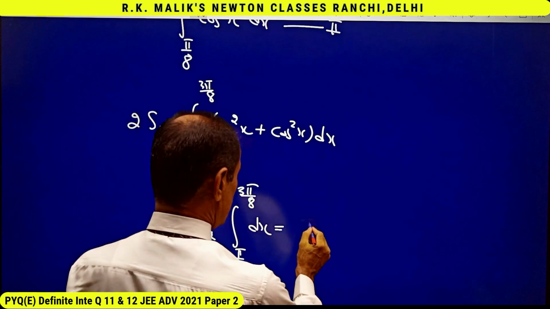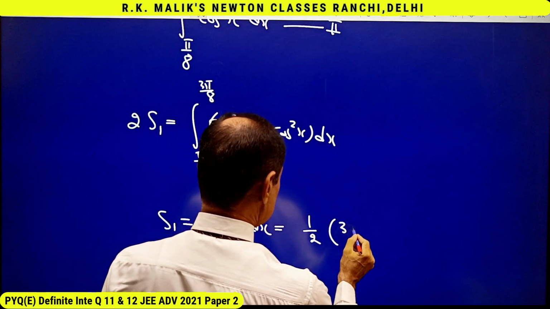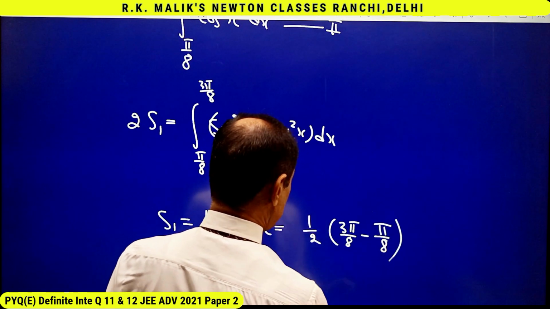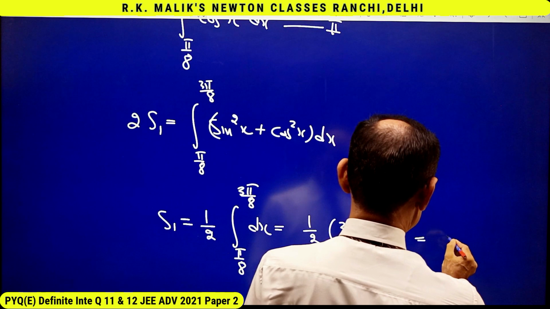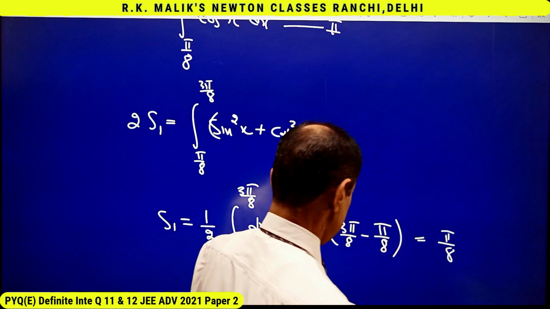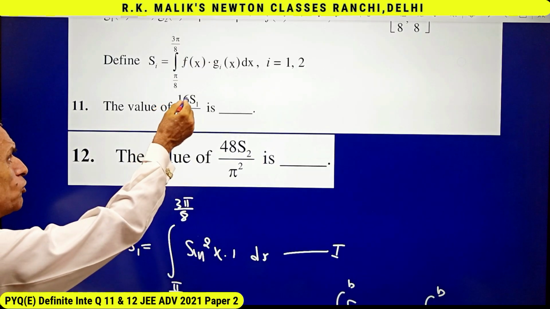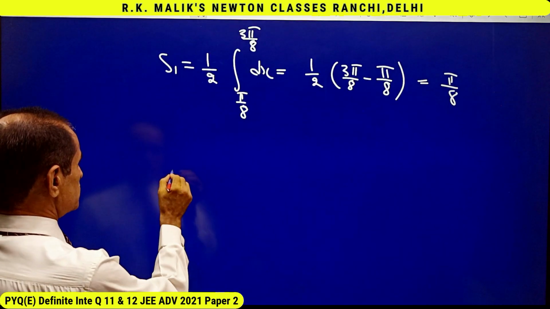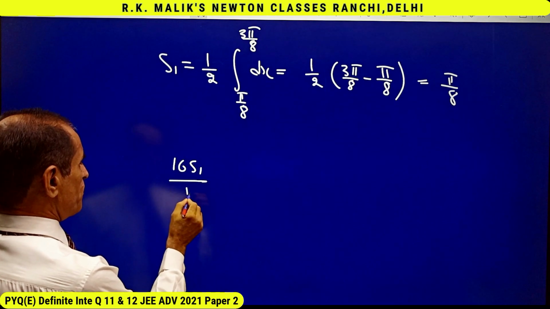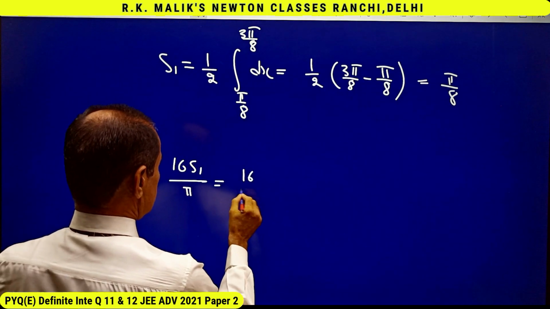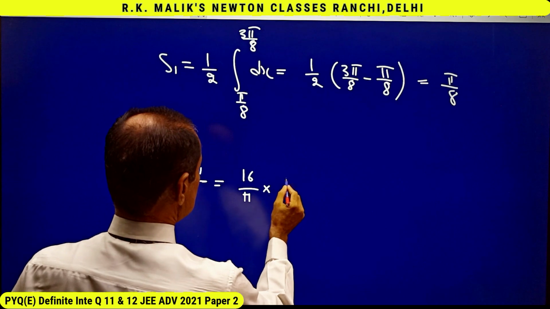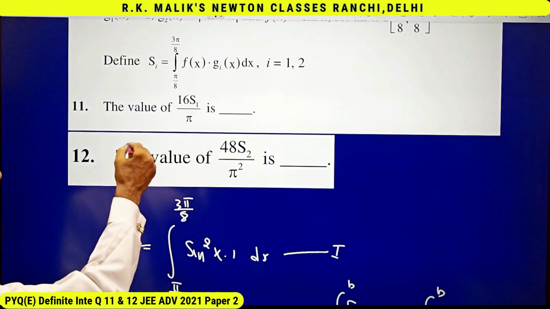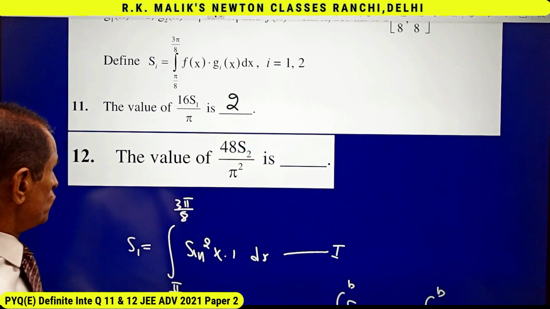This is equal to 1 by 2 into 3 pi by 8 minus pi by 8, that is pi by 8. And because we had to find the value of 16 S1 upon pi, therefore 16 S1 upon pi becomes 16 by pi into pi by 8, that is 2. Hence the value of this becomes 2.